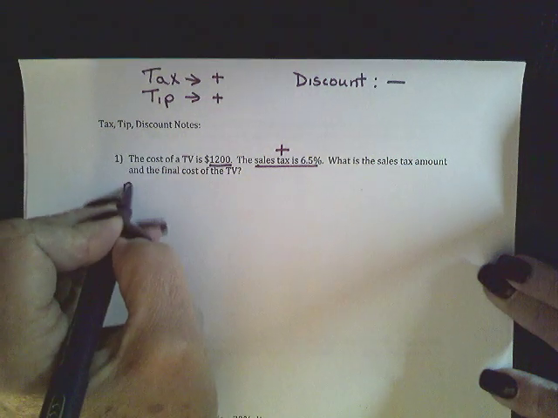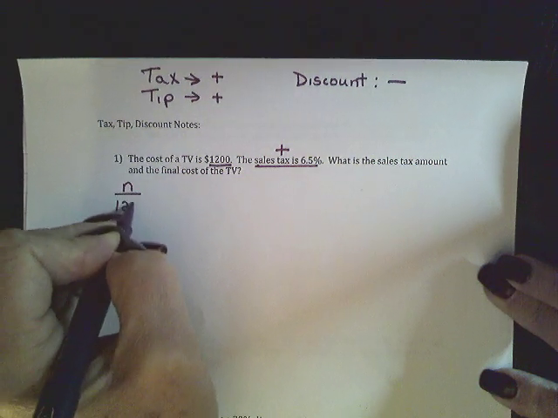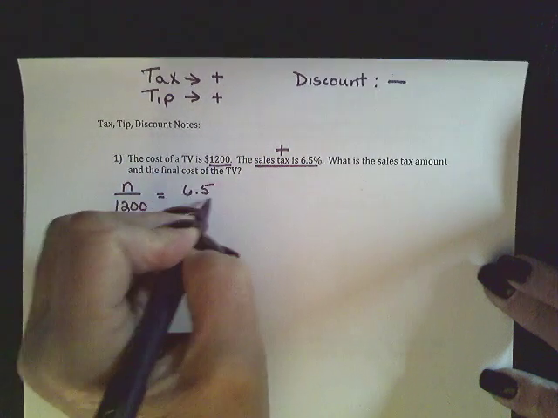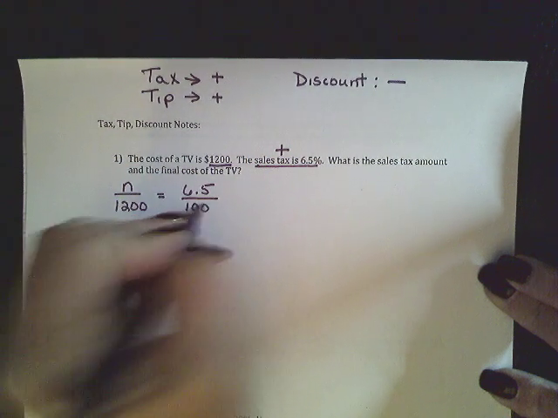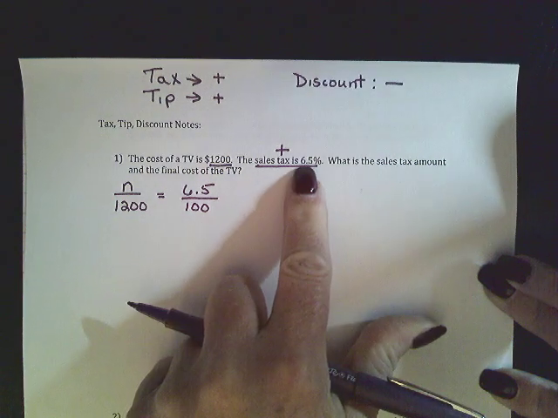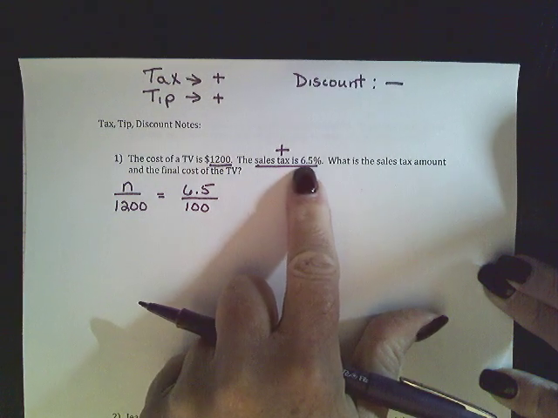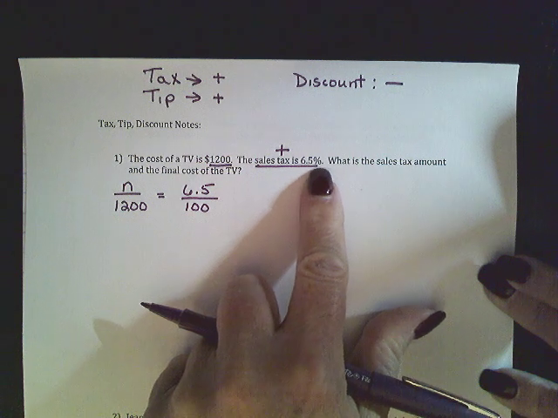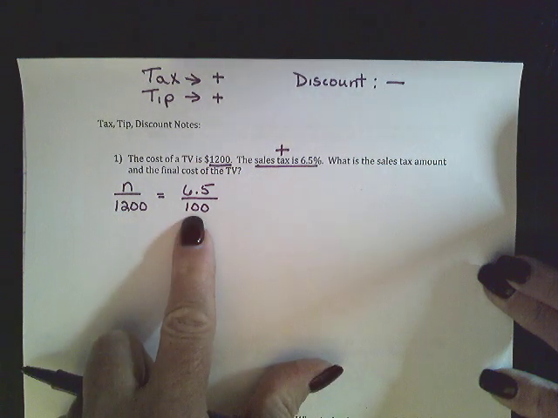So it's going to be N over 1,200 equals 6.5 over 100. We know that 6.5 is going to be the percent. It has a percent symbol, so we know that has to go over our 100.